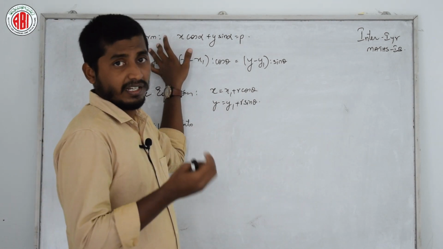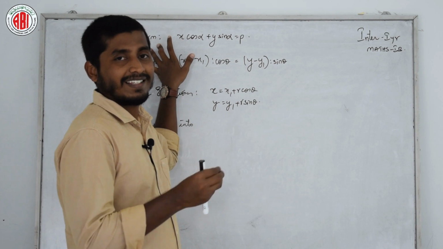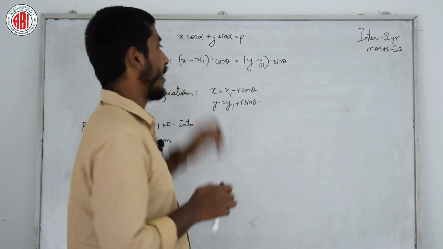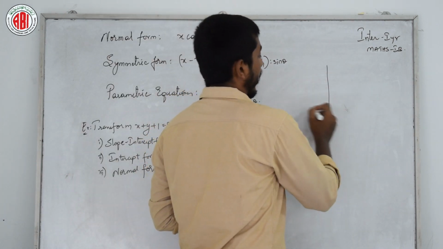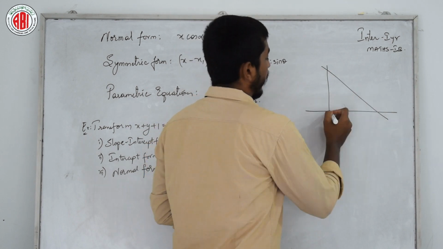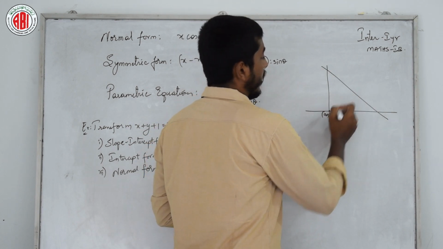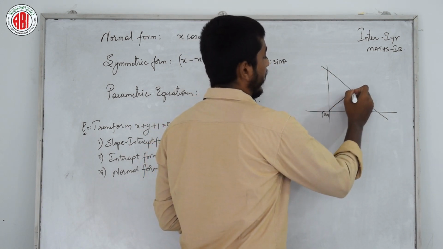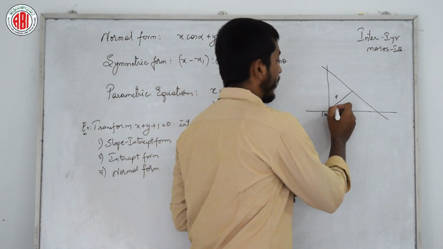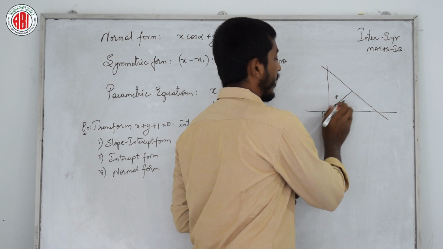Normal form, it doesn't mean English normal. The normal itself indicates it is a perpendicular line. Okay, let us see. For example, if this is a coordinate axis, there is some line from this origin. The distance of this perpendicular line is P, where alpha is the angle made by this perpendicular with the x-axis.